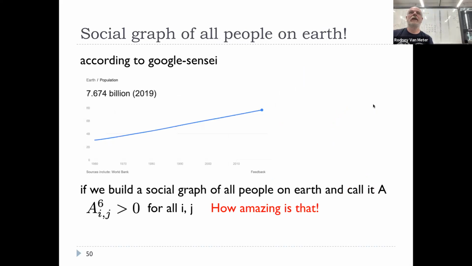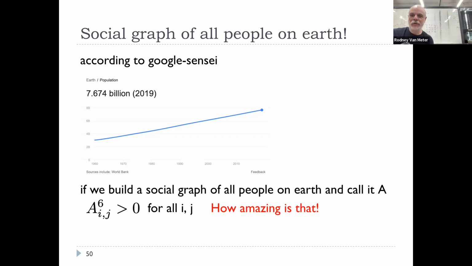All right, let's see. So the assertion is that if everybody is connected by 6 or fewer steps, and we took not the Facebook graph, but the friends graph of everybody on the entire planet, all 7 billion people, almost 8 billion people.